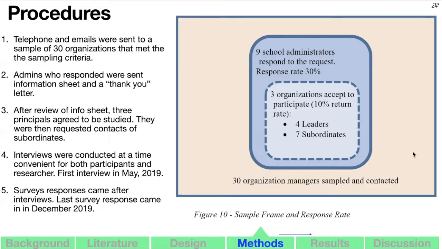And of those three organizations, 4 leaders were studied because some Chinese leaders did not want to be studied. But of all the 3 organizations, the foreign principals accepted to be studied. And it included 7 subordinates.